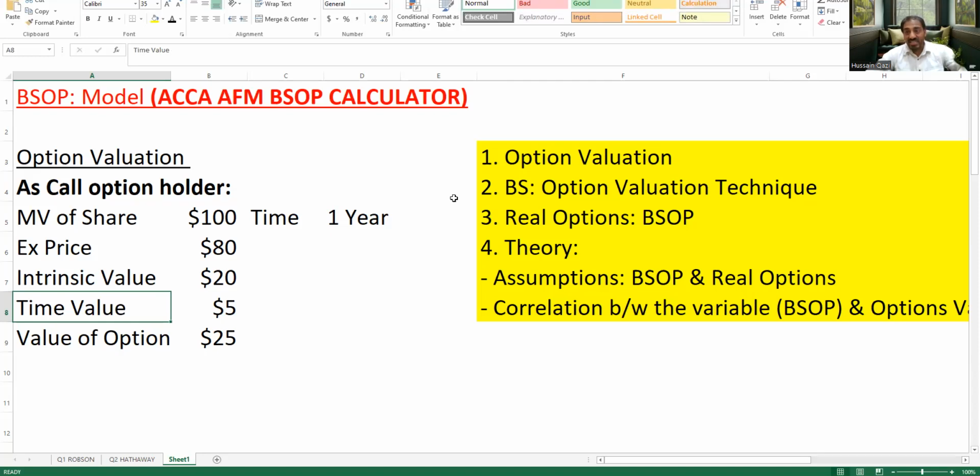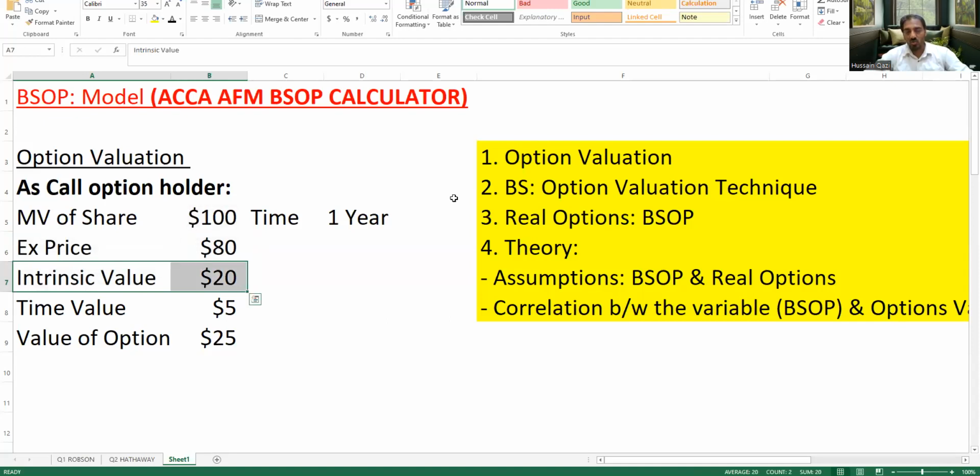I can say it another way. Let's suppose you are an option holder and you have a right to exercise this option after 1 year with the payment of $80, and the share price is right now 100. So the immediate value is 20.